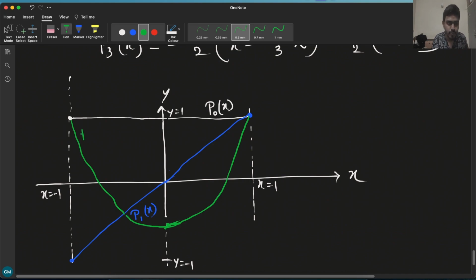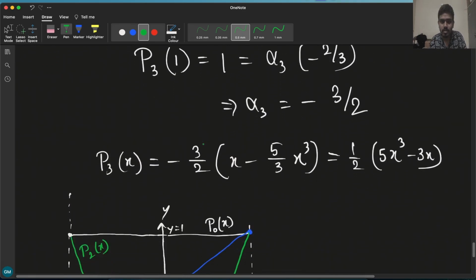This is our P2(x). You can see there are two zeros of this P2(x), two points where it cuts the x-axis. It is because P2(x) is a polynomial of degree 2, so the maximum power of x present here is 2.